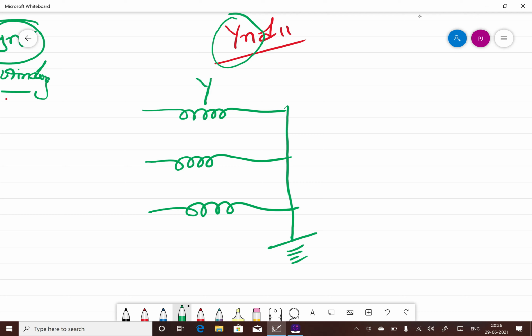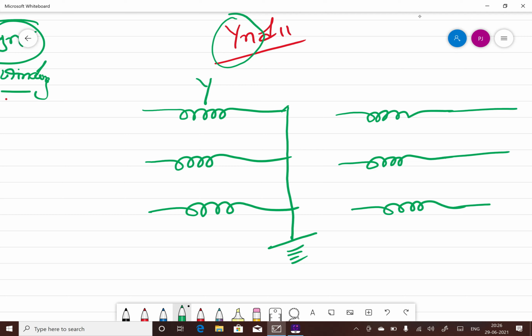Next, you have to draw this delta. So this is the delta that you have available with you. Now you want to connect this into this arrangement such that your HV leads the LV by 11 o'clock.